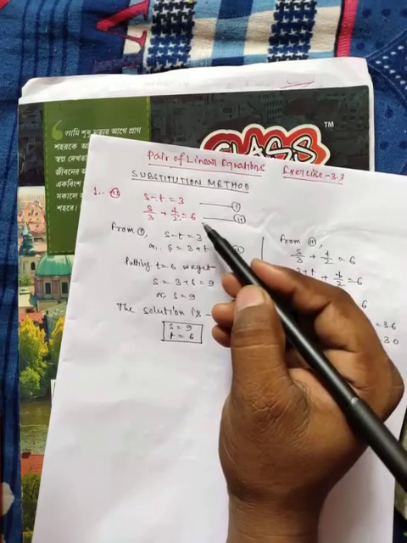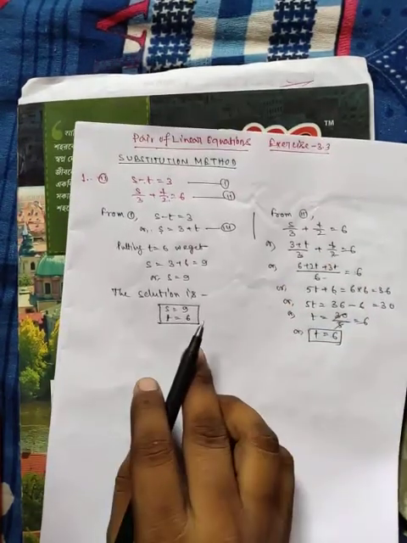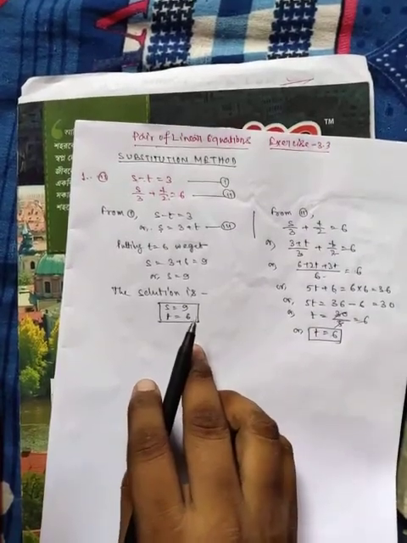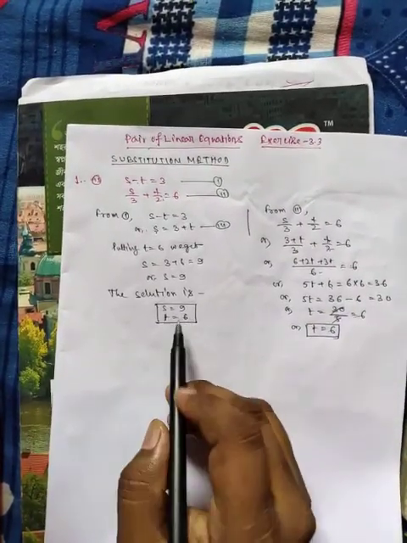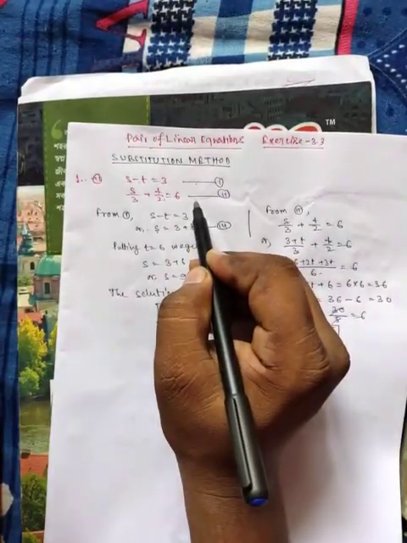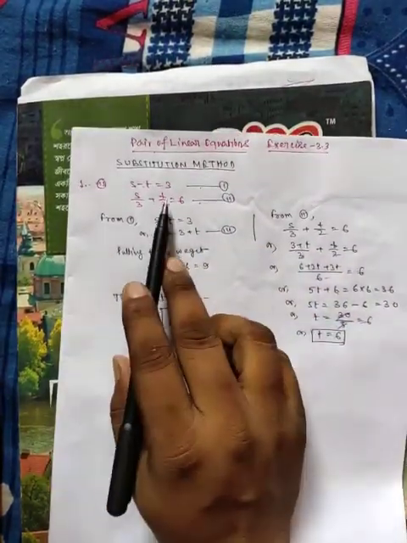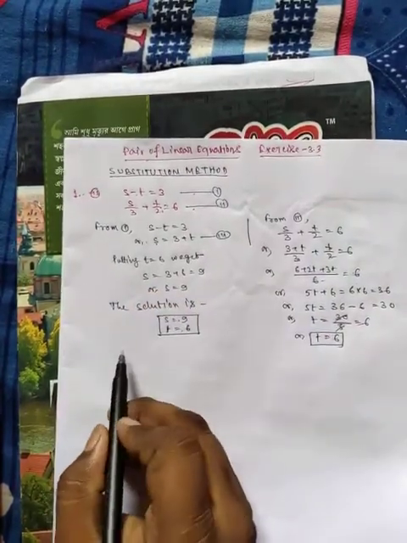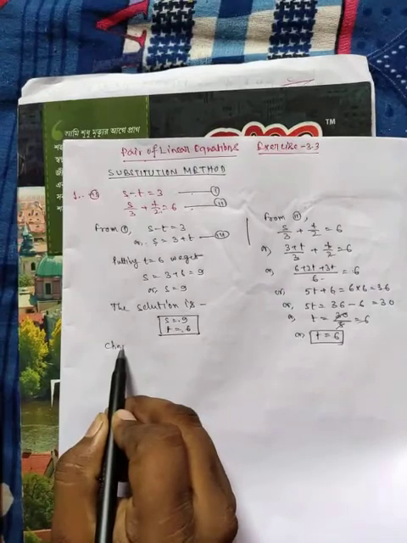Okay, understood? And how to verify that your answer is correct? For checking the answer, you have to put the values in these two equations, and if you get the equal results 3 and 6, then your answer is true.